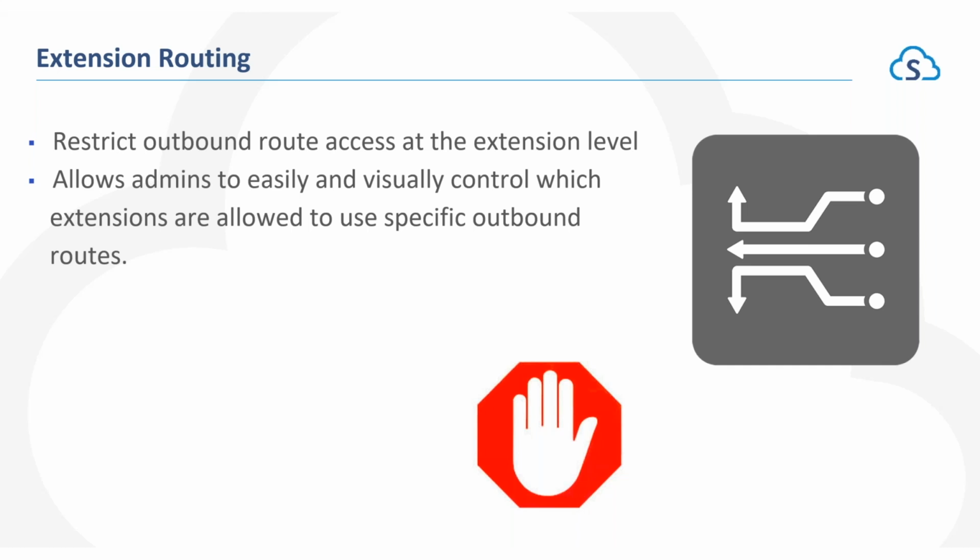It allows admins to easily and visually control which extensions may use specific outbound routes. So it's about allowing, but also restricting, certain extensions from calling certain numbers. Perhaps you only want them to dial internally, and of course emergency numbers: 112, 999, or 911 in America.